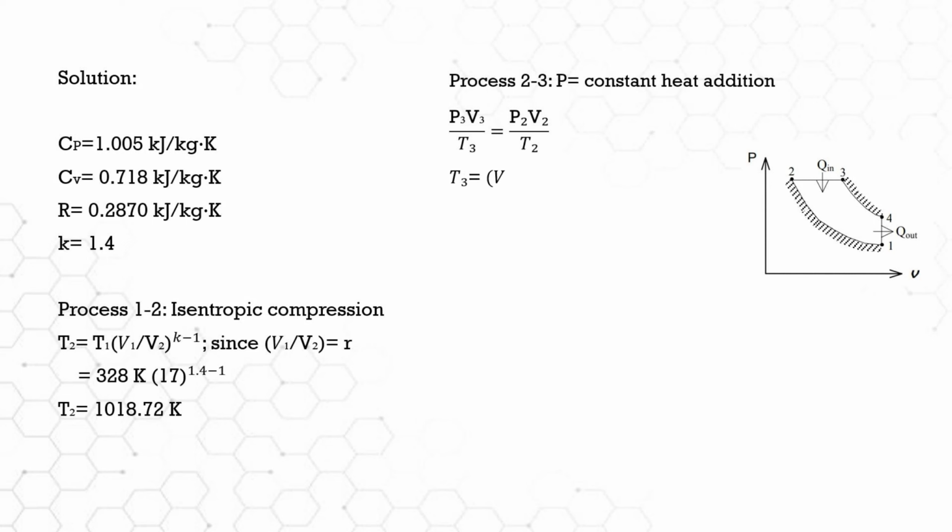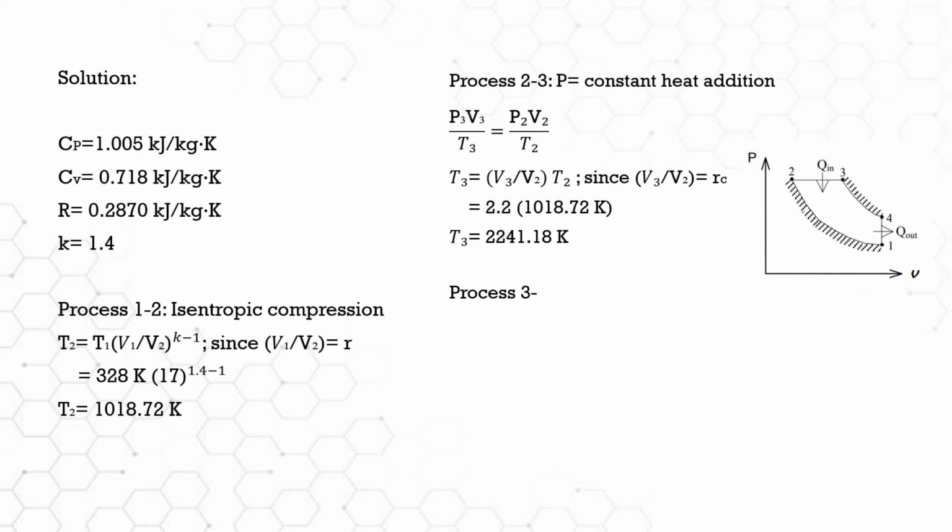We have temperature at state 3 is equals to volume at state 3 over volume at state 2 multiplied to temperature at state 2. Since volume at state 3 over volume at state 2 is equals to our cut-off ratio, we plug in the values. Now we have 2.2 times 1018.72 Kelvin equals to 2241.18 Kelvin. So this is our temperature at state 3.